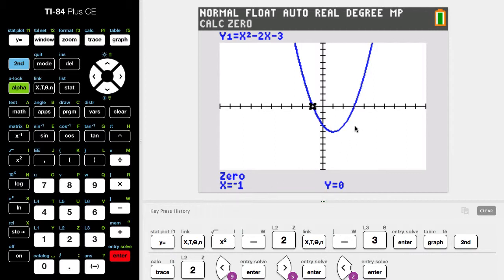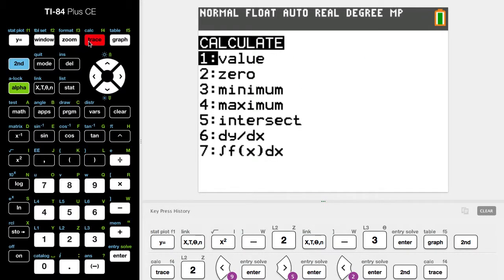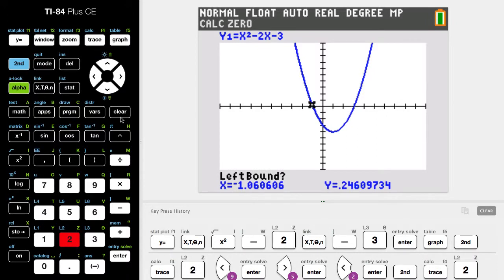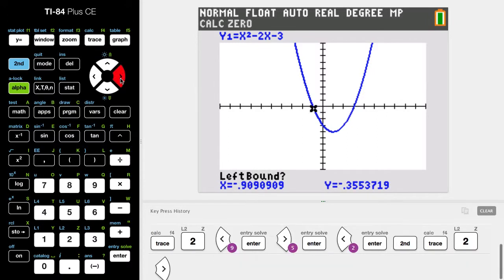Now let's find the second 0. Press the second function key, then trace, then 2. Press the right arrow key until you are just to the left of the second 0. Then press enter.